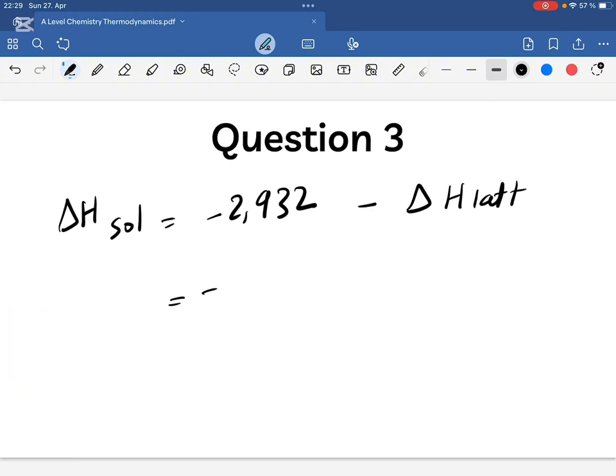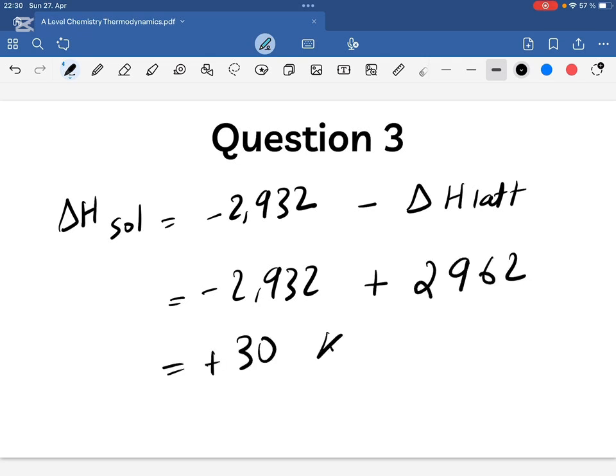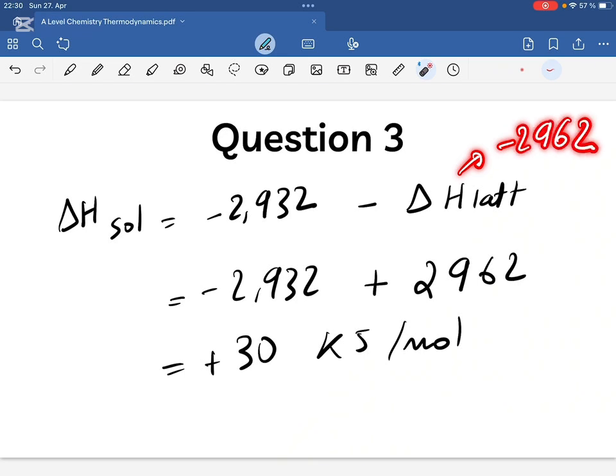So it's going to be minus 2932 plus 2962. And we're going to have a value of plus 30 kilojoules per mole. You just have to know something, that the lattice energy is minus 2962. And because there's a minus over here, it's going to be plus 2962. And the final answer is going to be plus 30.